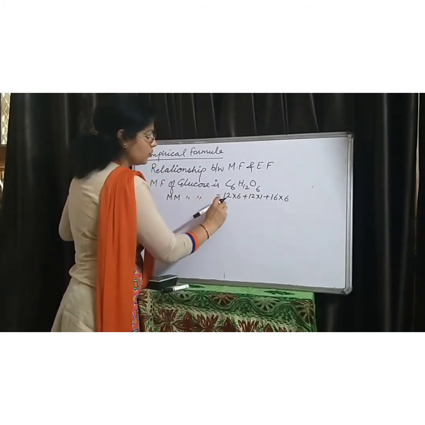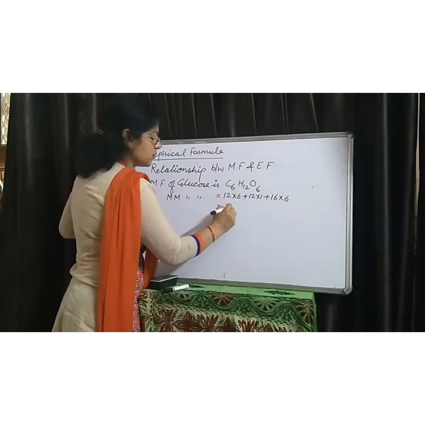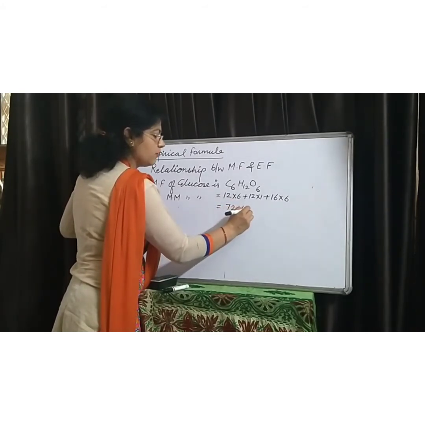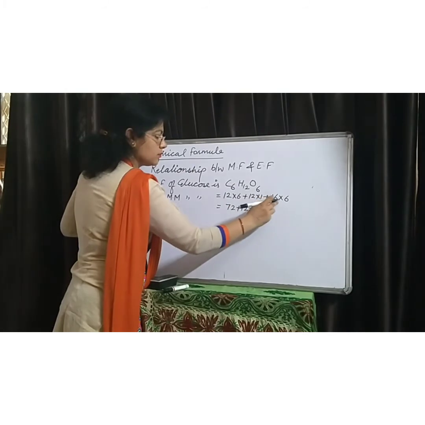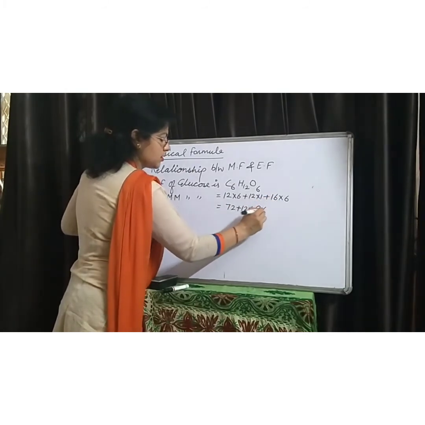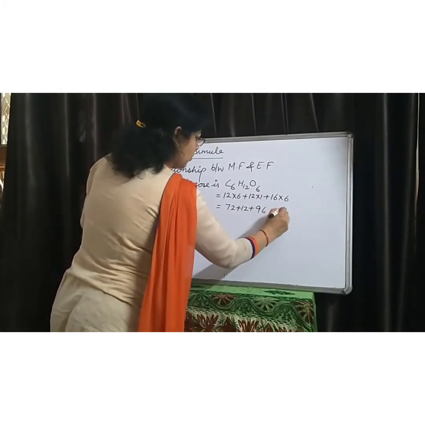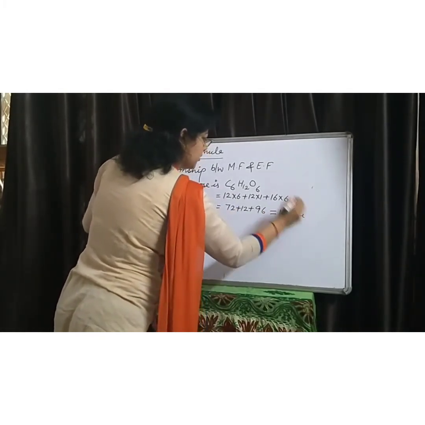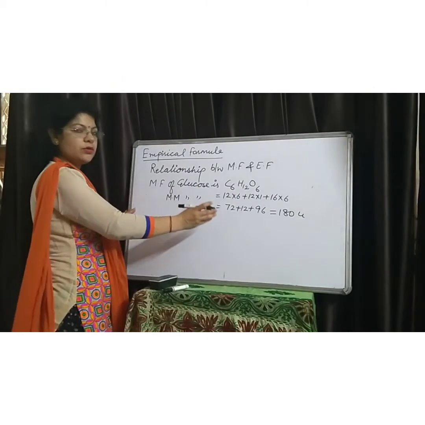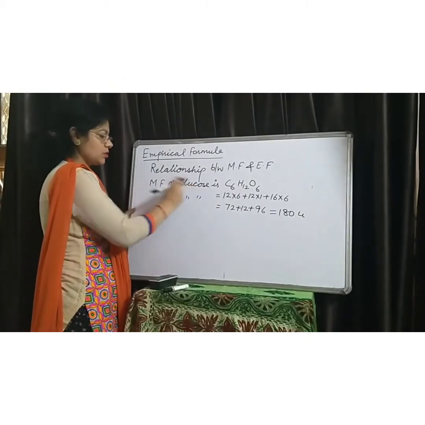It comes out to be 72 plus 12 plus 96, which is 180. This is the molecular mass of glucose.